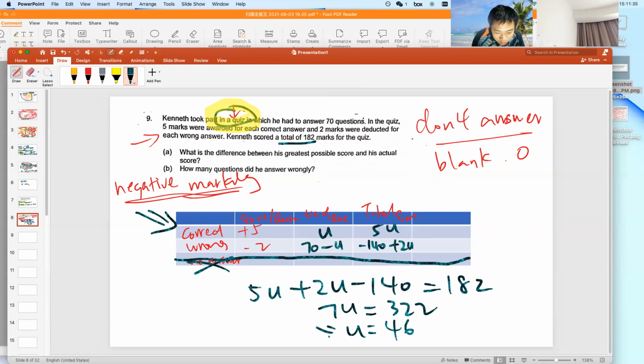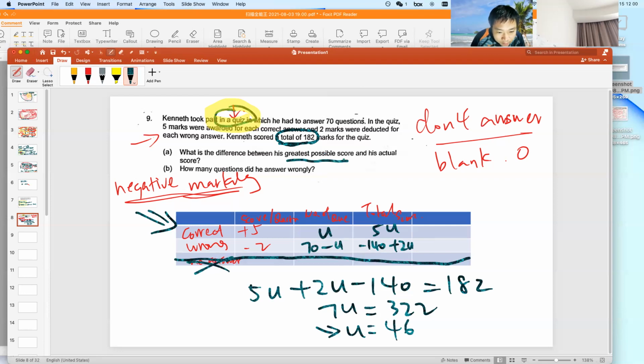Right now I have this table already, and I also have this U equals to 46. My job is to look at the question and give the answer to the question. What's the difference between his greatest possible score and his actual score? His actual score is 182. So what is the greatest possible score?